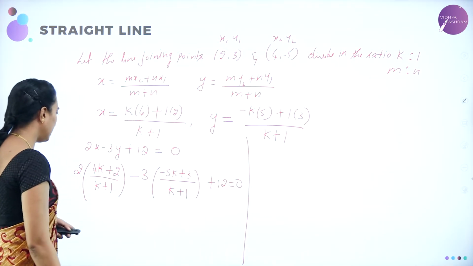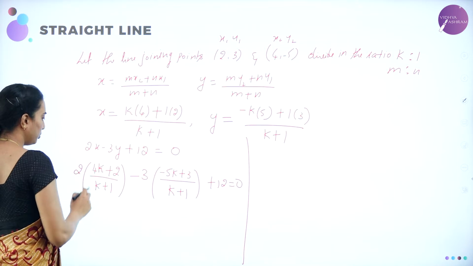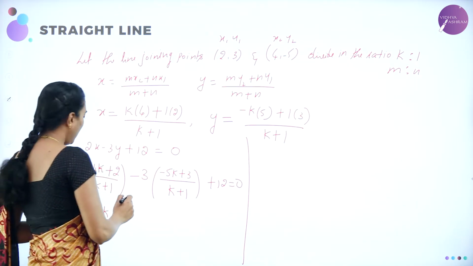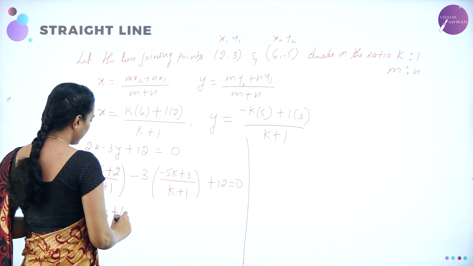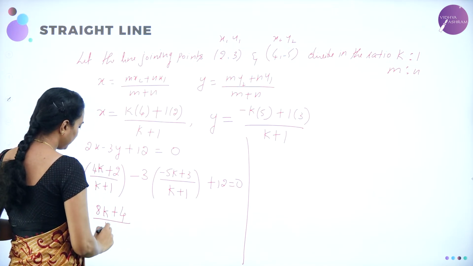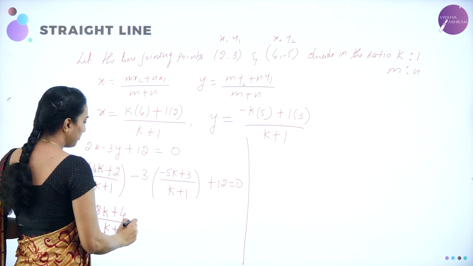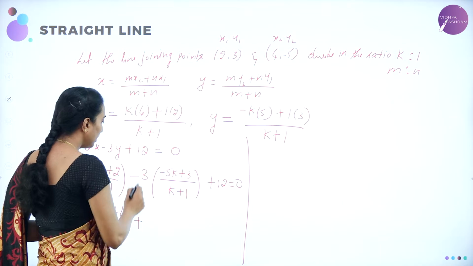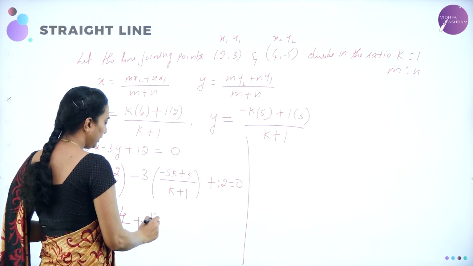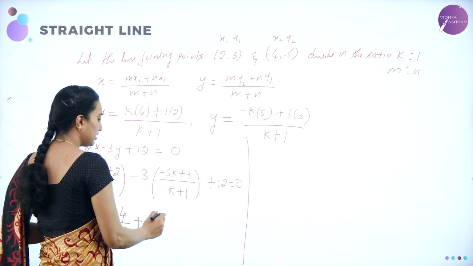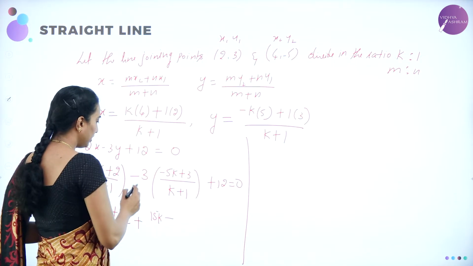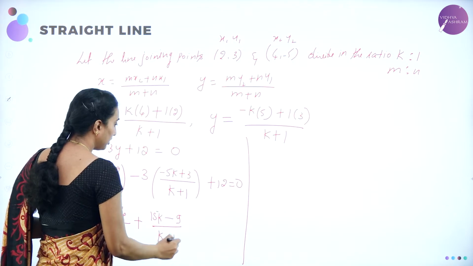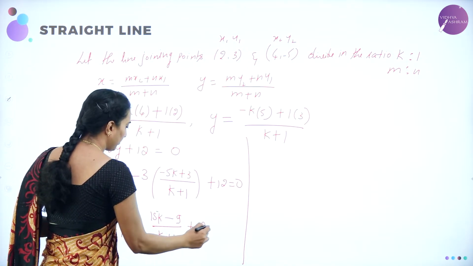By simplifying, multiply by 2: 2 into 4 is 8k, 2 into 2 is plus 4, divided by k plus 1. Again, minus into minus is plus, 3 into 5 is 15k, minus into plus is minus, 3 3s are 9, divided by k plus 1, plus 12 equal to 0.